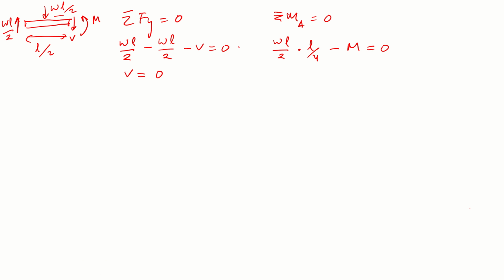V is not there because V is equal to 0. That's why what we will get is M equal to wL squared by 8. That's it.